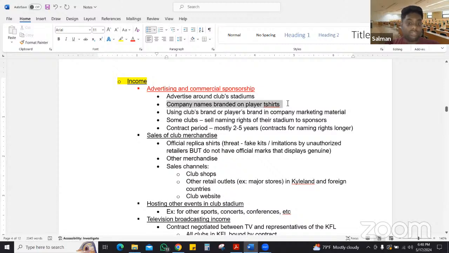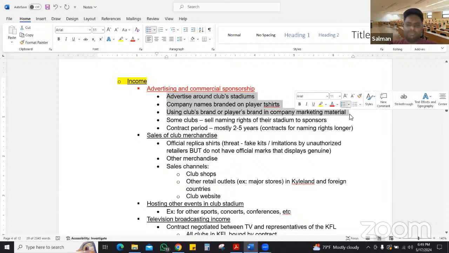So when a club gets quite an attraction, they will also be earning money from branding sponsorships. One is where sponsors spend money so that they can brand their advertisements in the stadium, near the grounds, around the grounds. Next is on t-shirts, using the club's brand or players' brand in company marketing material. Sports celebrities, Hollywood, Bollywood movie celebrities are in advertisements and branding.